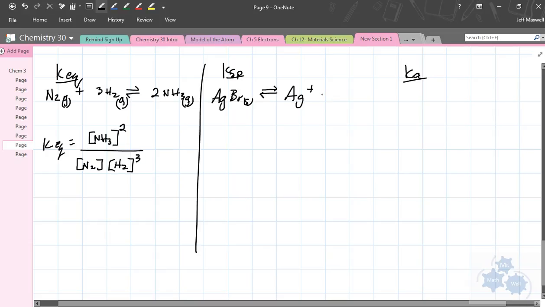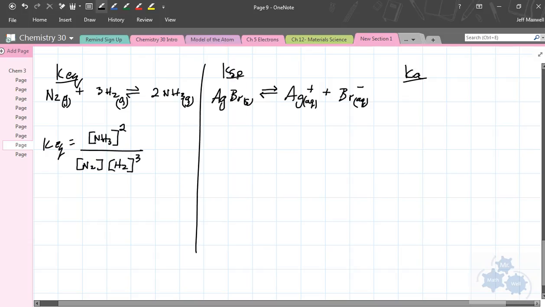So it's Ag+ and Br-. These are aqueous ions, and that's from this sort of equation, something that's a solid that's just dissolving, that gives us the Ksp.